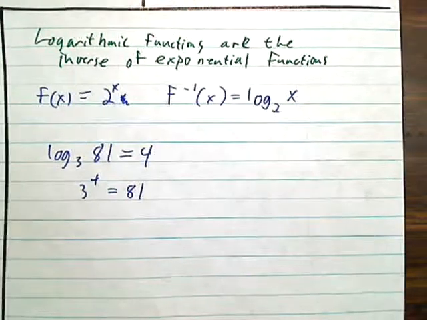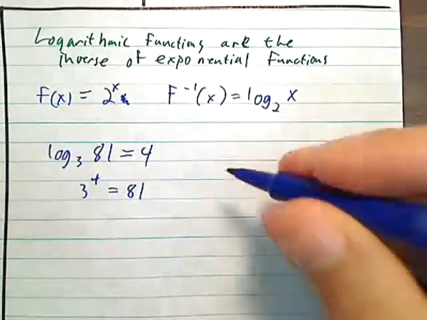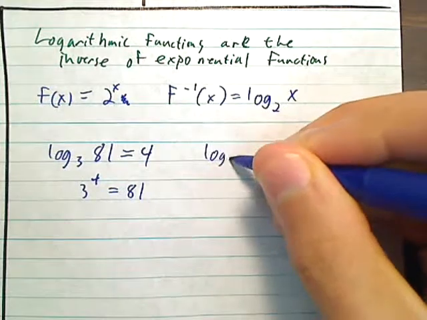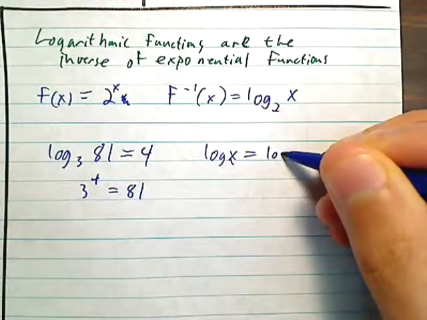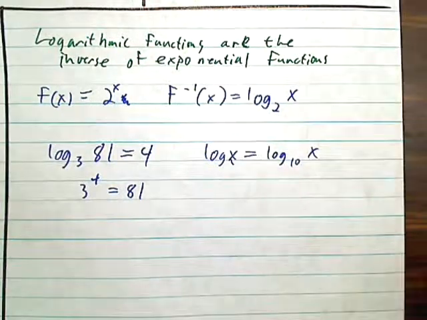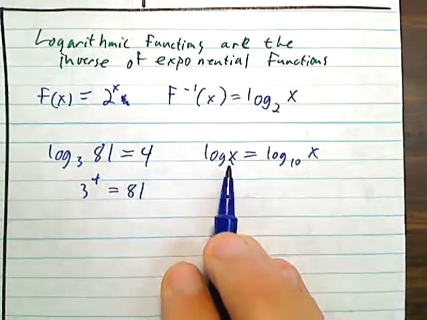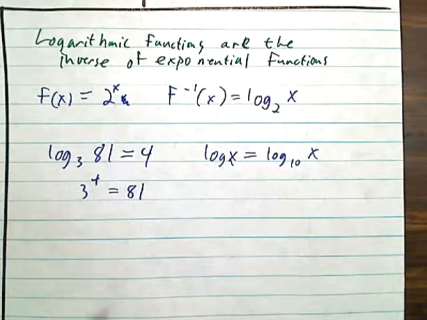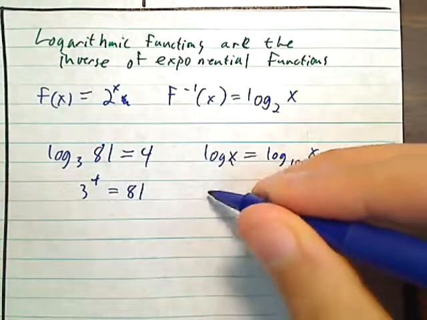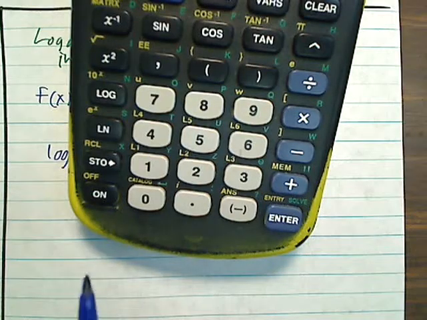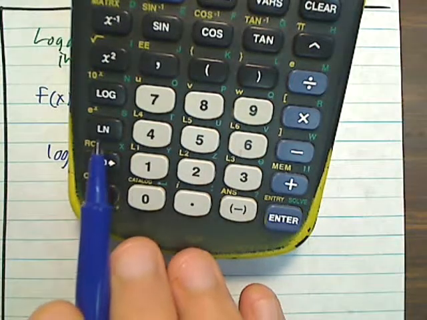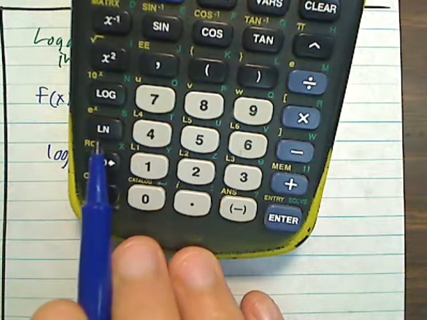There are a couple special notations that we use. If I just write log of x, log of x without a base there, that means log base 10 of x. So if there's no base there, we assume that it's 10. Okay, there's also natural log. If you look in your calculator, natural log, and we write ln instead of nl because, I don't know why, natural log, ln, it's not nl.